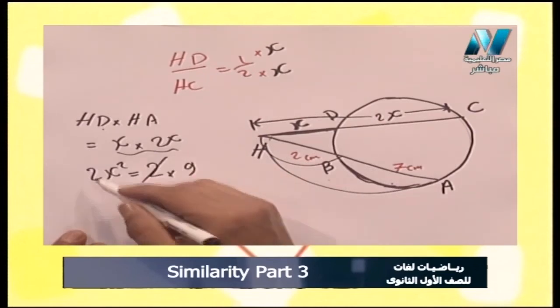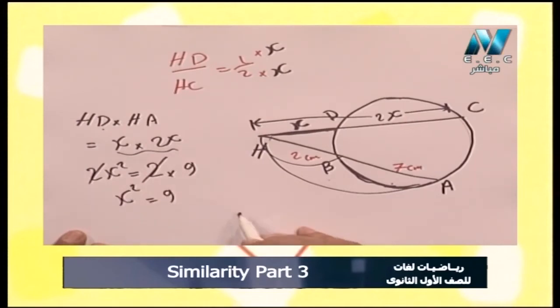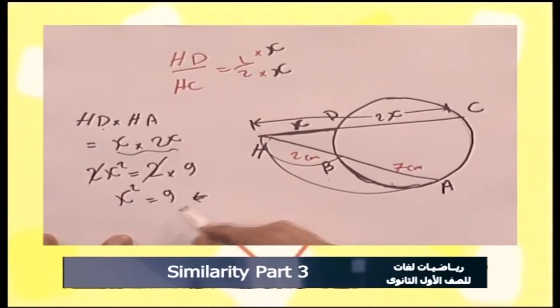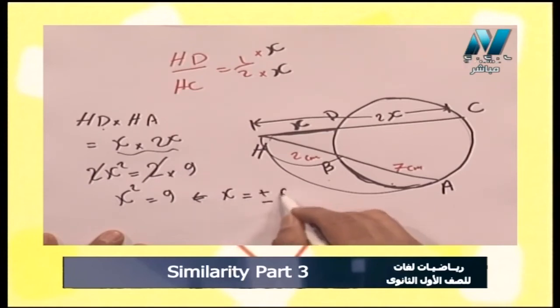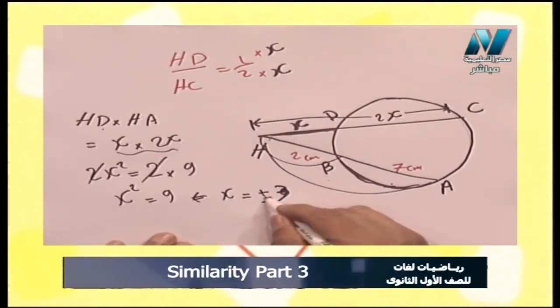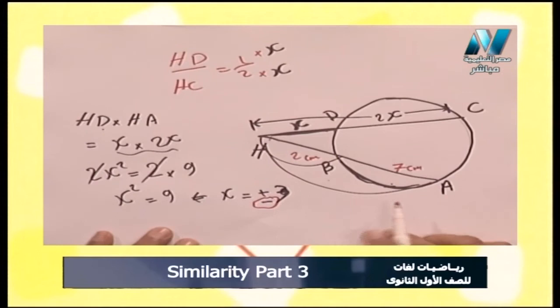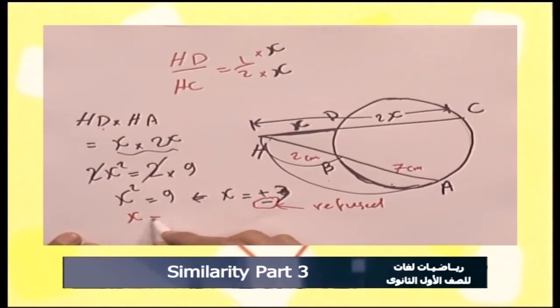We can cancel 2 with 2. We have x power 2 here equals 9. By taking the square root of both sides, we find that x equals positive or negative 3. But we know that we deal with length, and length cannot be negative, so it's refused. And we have x here equal to just 3.